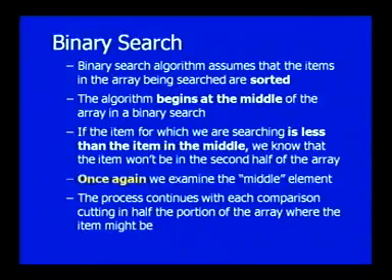In that case, the search is a success. You will report it. You can even report where exactly the element is present, that is the index of your middle element. Otherwise, you will report that the number you are searching for is not available in that particular array.